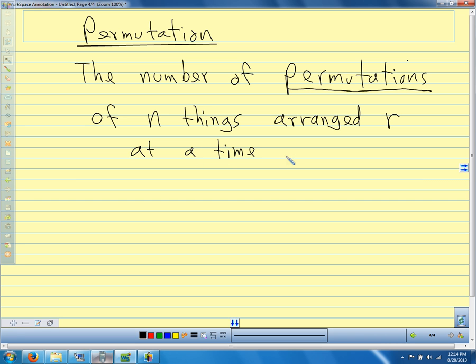So 10 things arranged 3 at a time, for example. We're picking 3 things out of 10. I'm picking 5 students out of a class of 36, whatever. And for permutations, we say the order matters. I'll get to talk more about what I mean by order matters.